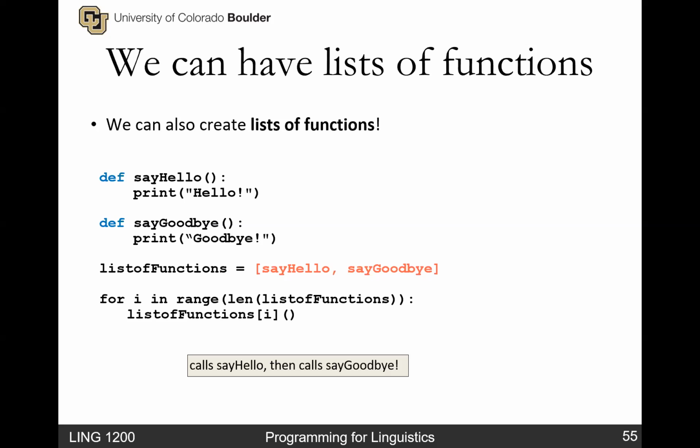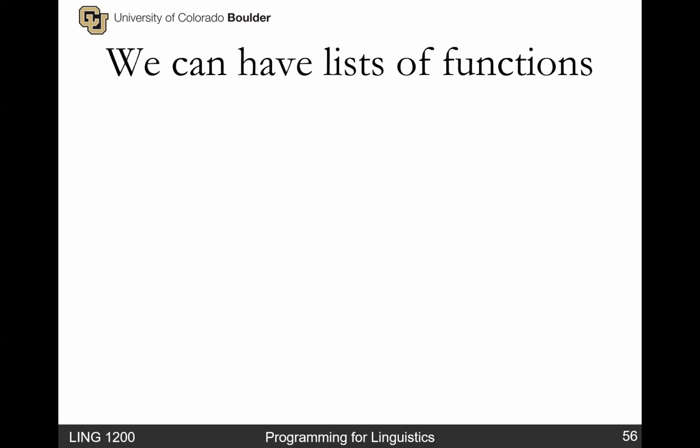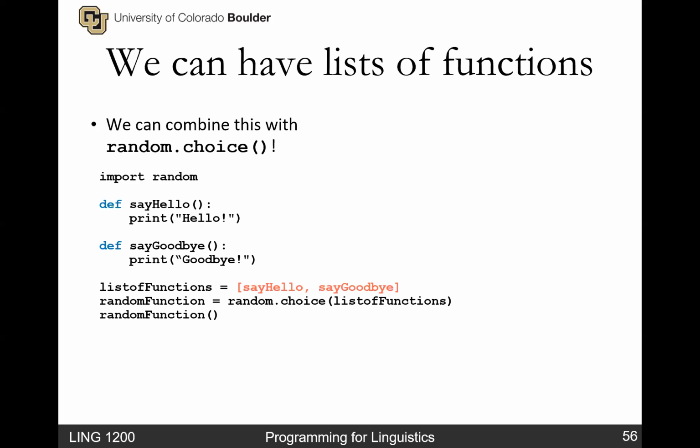It's the same thing, but we can combine this with random.choice and get more interesting and variable code that's doing interesting things. And in our case, we can use it to model a grammar, perhaps. So again, we need to import random. Then we have our two function definitions. Again, we create a list of those function names.